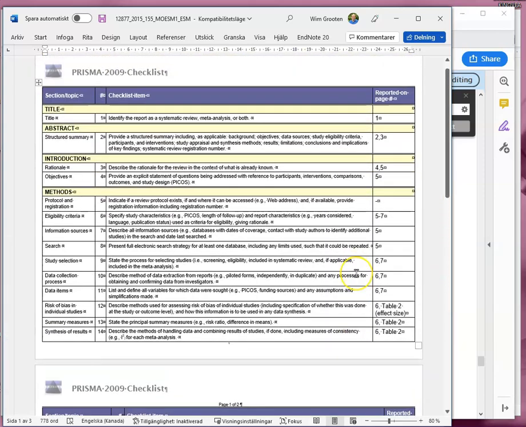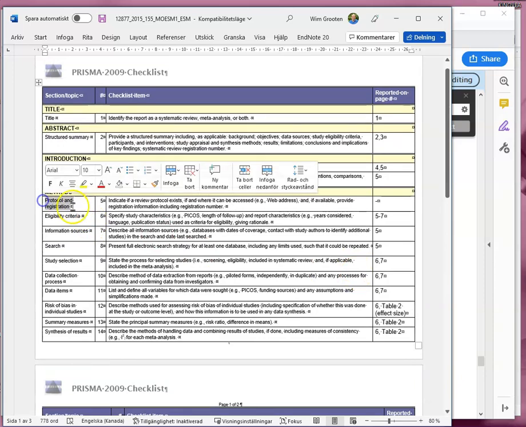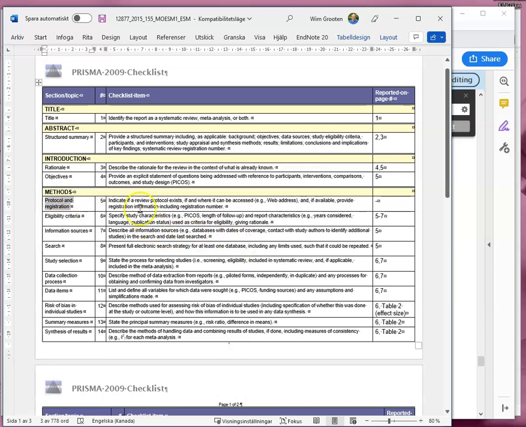But I know that one part of the checklist is the protocol and registration. Indicate if a review protocol exists and where we can access it. So you need to show the web address. It's called PROSPERO for systematic reviews. And you see, it's a dot. It is nowhere.